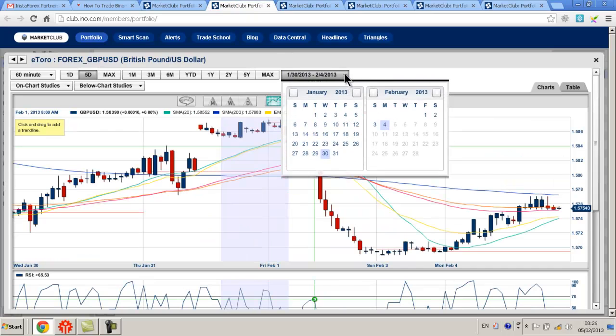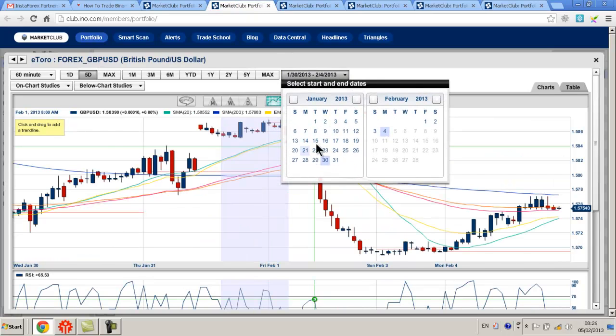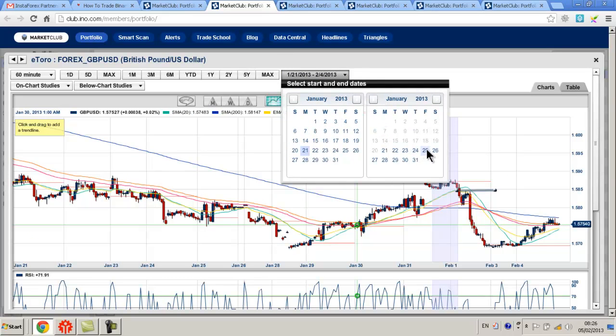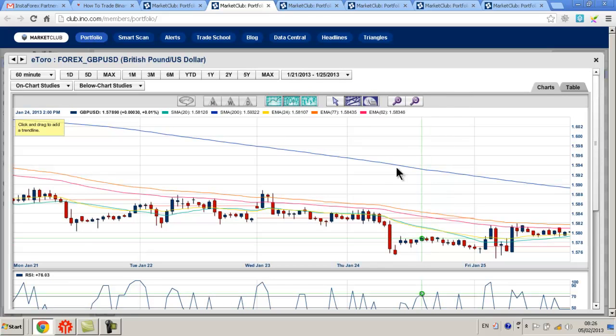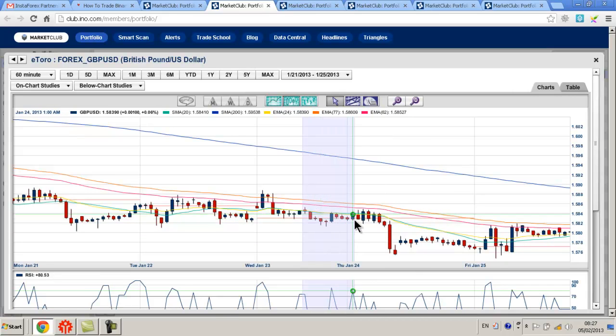Let's see what's happened there. British pound against the dollar. So we've gone from 4 p.m. to 3 a.m. Pound against the USD.